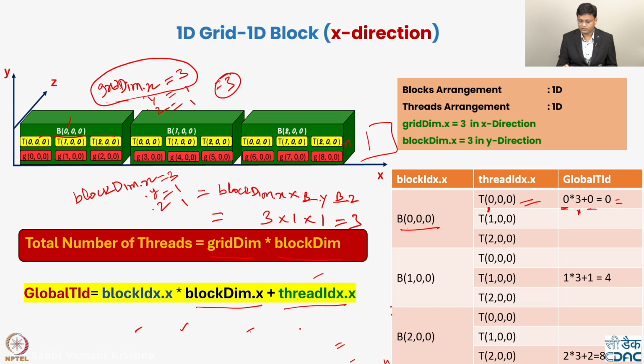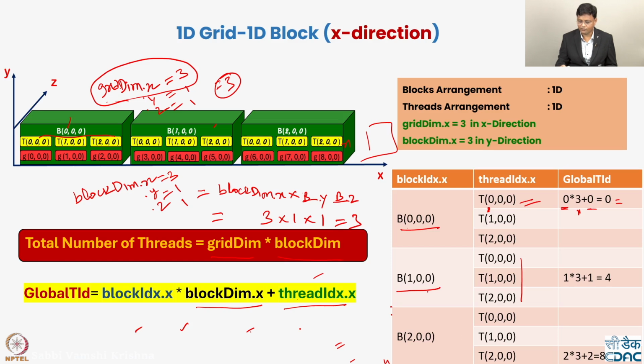Now, consider the next block, 1 comma 0 0. These are the coordinates. I have taken the second block as per this diagram, and this block also has 3 threads which have the same coordinates, but how can I calculate its unique value?